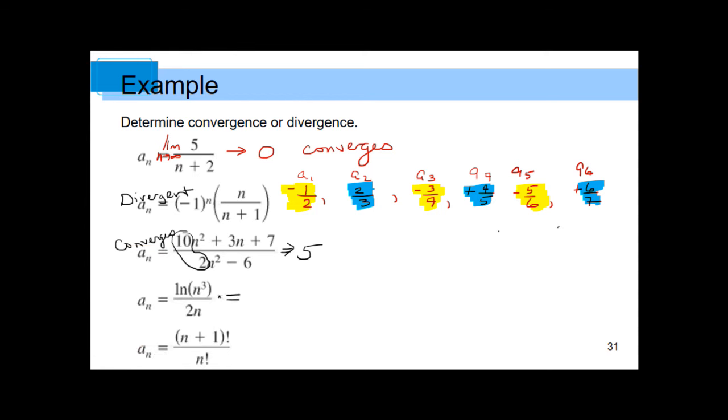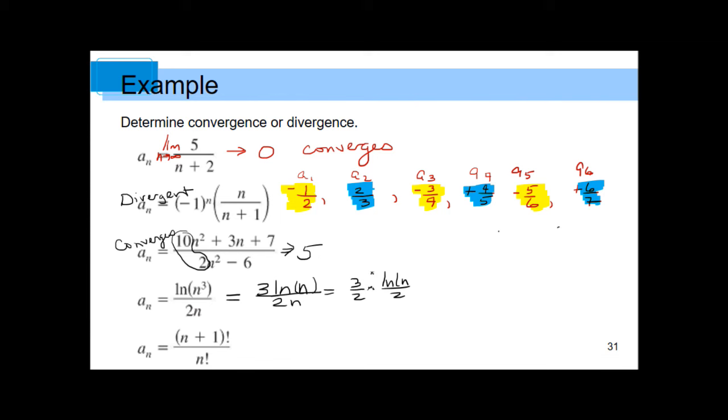To simplify this a bit, I'm going to recognize that that's 3 times the natural log of n over 2n. In other words, that's 3 halves times the natural log of n over n.